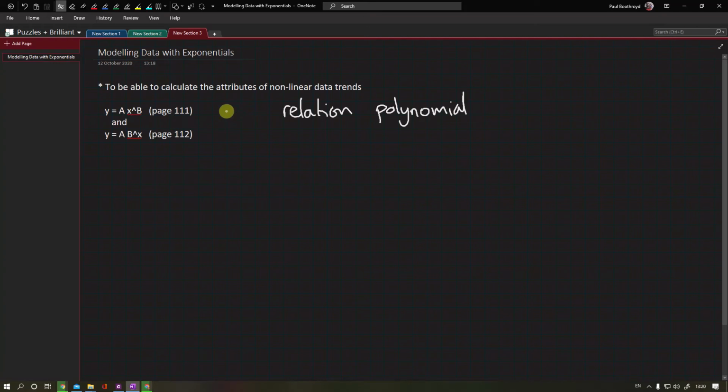And what we're going to try and do is convert it into something looking like a y equals mx plus c graph.